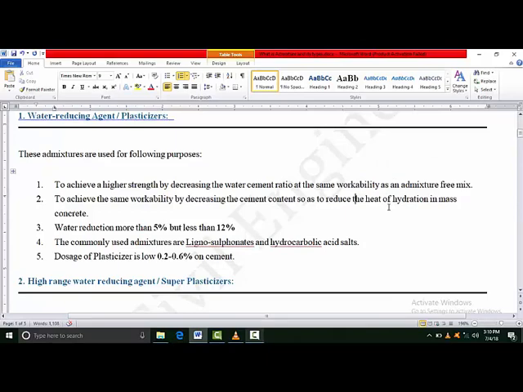By using this chemical admixture, what is the benefit of decreasing the water cement ratio?